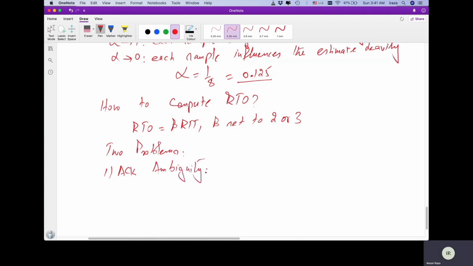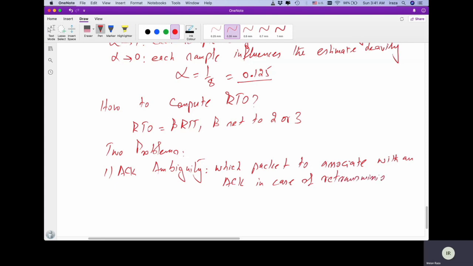So what is this acknowledgement ambiguity? It is the question of which packet to associate with an acknowledgement, and especially this is true in the case of retransmission.